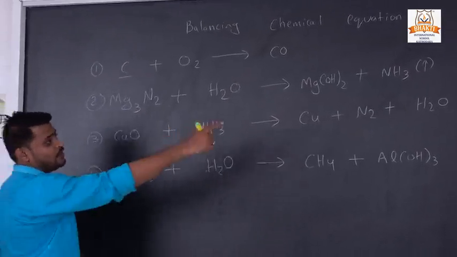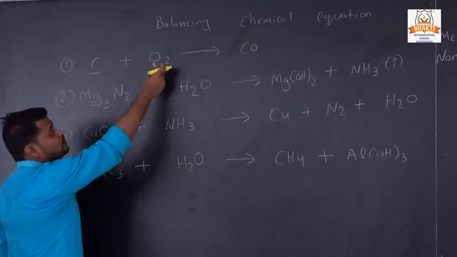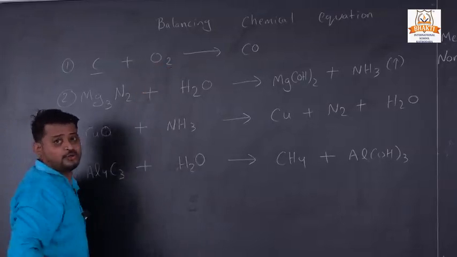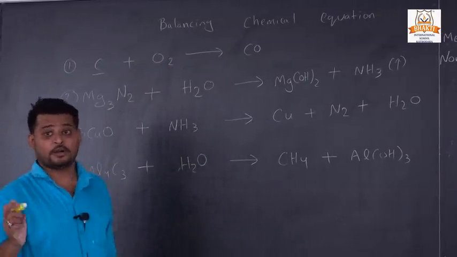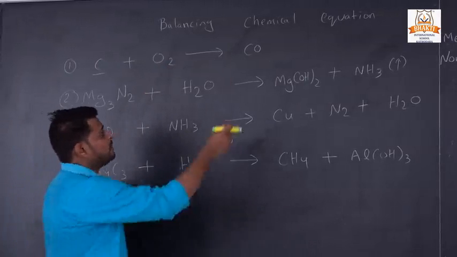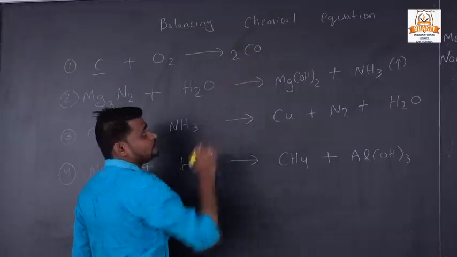Then we check our next step, oxygen. Here the oxygen molecule has 2 atoms, and here 1, so oxygen is not balanced. Then we multiply here by 2.